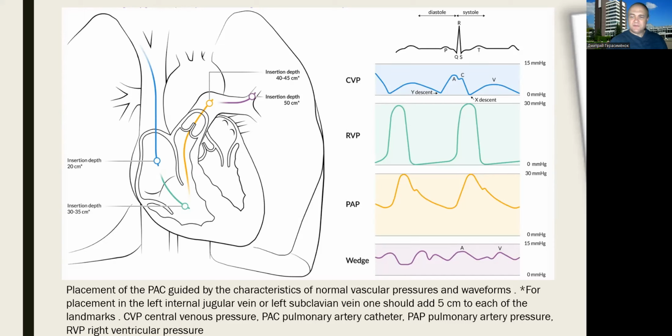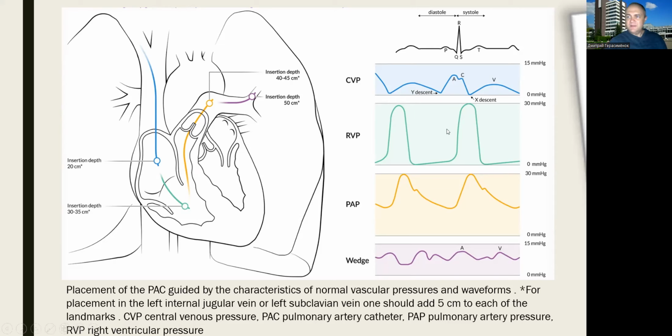CVP, central venous pressure, PAC, pulmonary artery catheter, PAP, this is pulmonary artery pressure, and RVP, this is right ventricular pressure. All of these diagrams and curves you can observe in this figure.